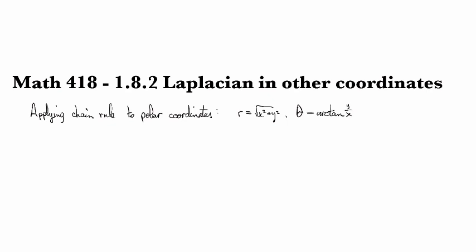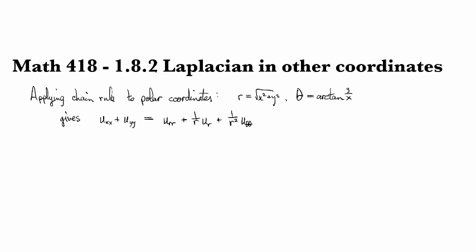Then this will result in u_xx plus u_yy becoming second partial with respect to r plus 1 over r first partial with respect to r plus 1 over r squared second partial with respect to theta.